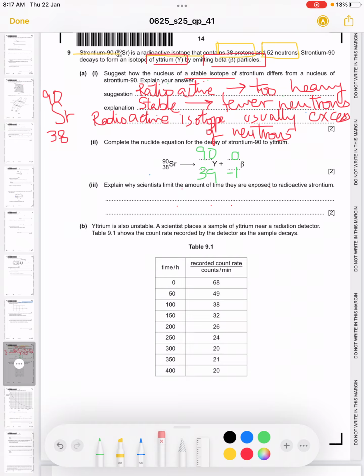Explain why scientists limit the amount of time that they are exposed to the radioactive strontium. So why? What is the reason? Basically the reason is beta particles ionize.